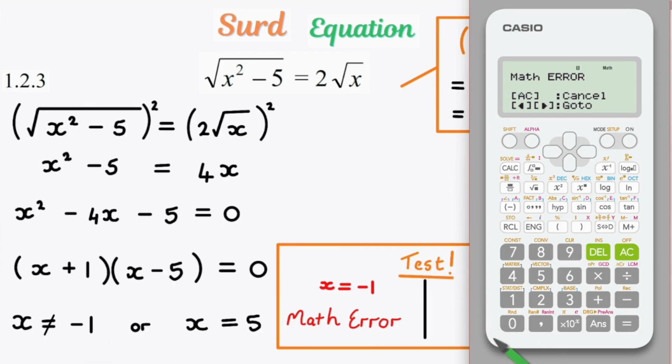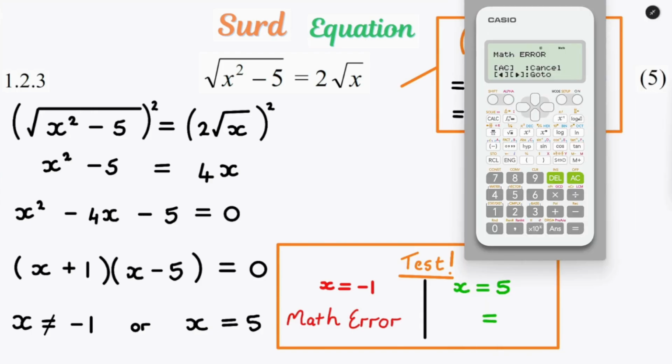Now we're going to test out the x equals 5. And when I test it out, I don't retype it into my calculator. I just press left and then I replace this negative 1 over here with our other answer of x equals 5. And if I pop that in, I get 2 root 5 on the left hand side. Now I'm going to type this side of the equation into my calculator, leaving some open brackets where x is over there.